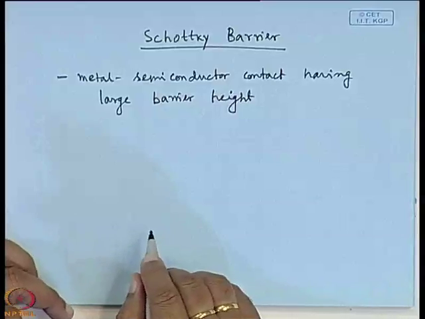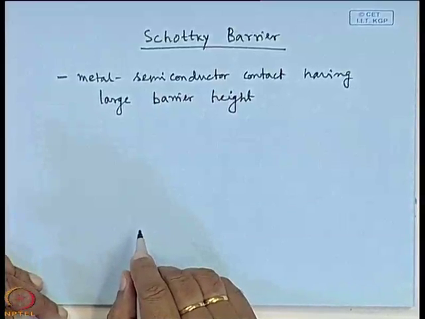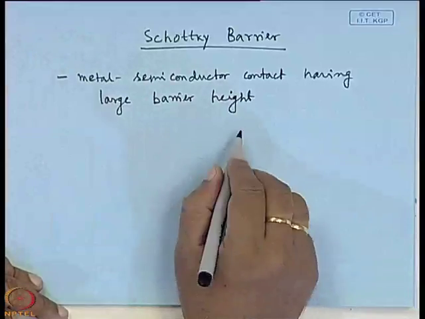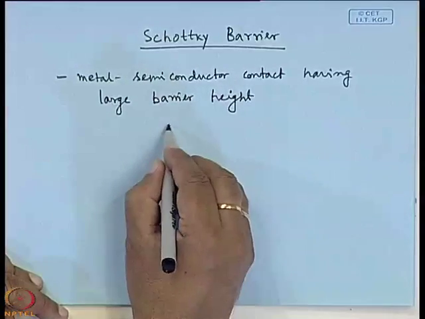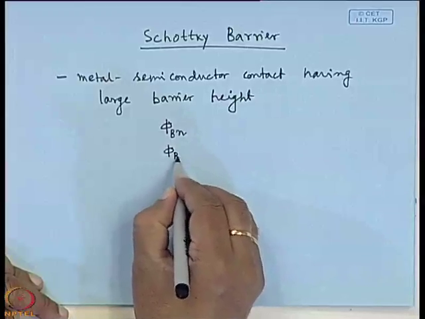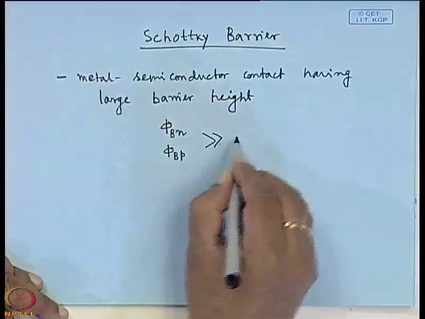Having large barrier height, right. Large barrier height means, what is the meaning of this term large barrier height? That means phi Bn or phi Bp very much greater than kT.